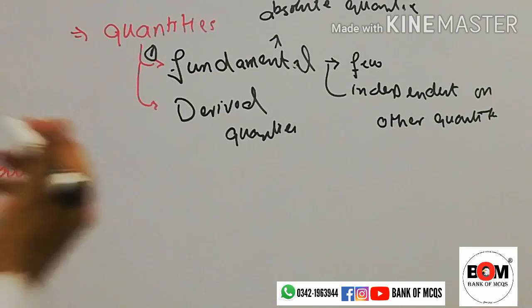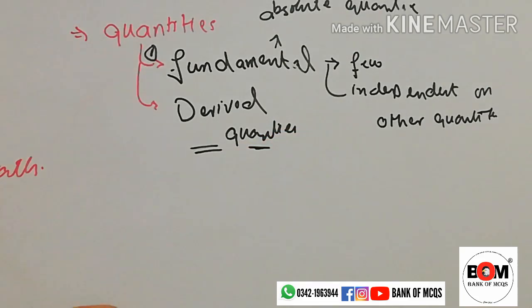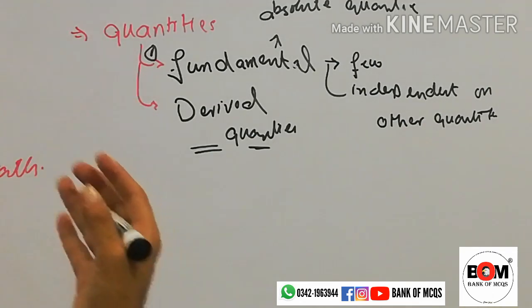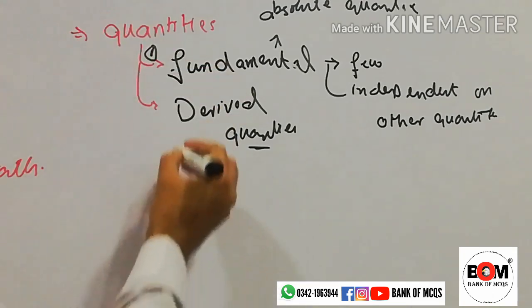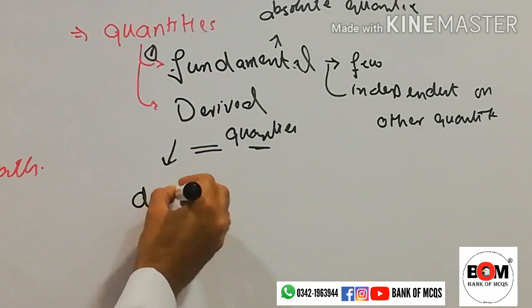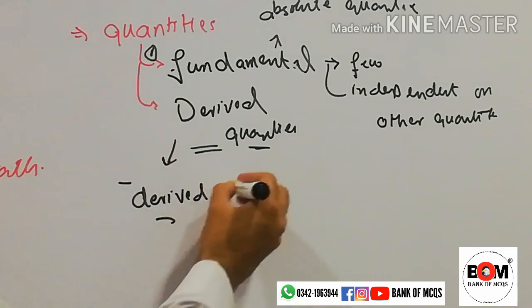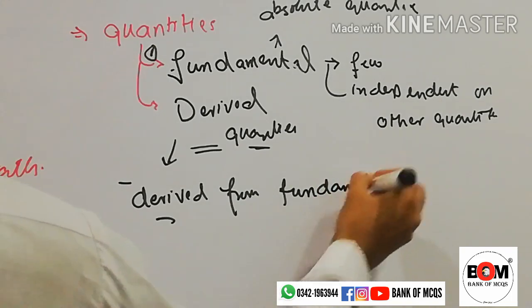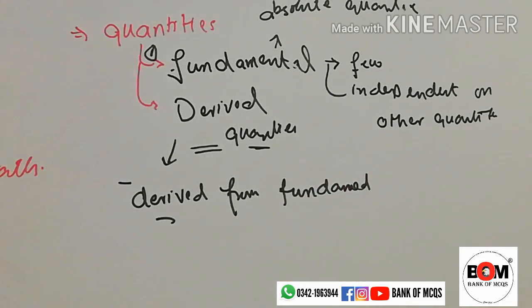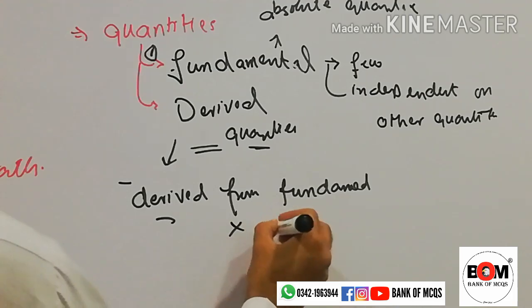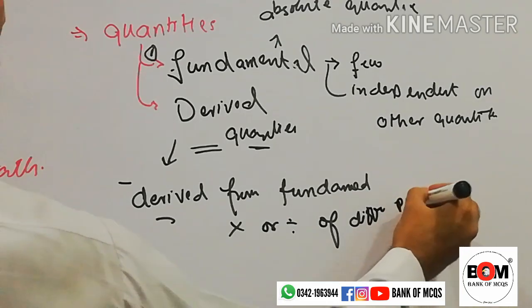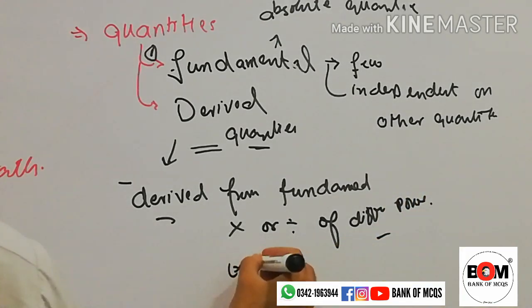The next type is derived quantities. Derived quantities are all those quantities that can be derived by suitable multiplication or division of different powers of fundamental quantities. Different powers means, for example, length multiplied by length.